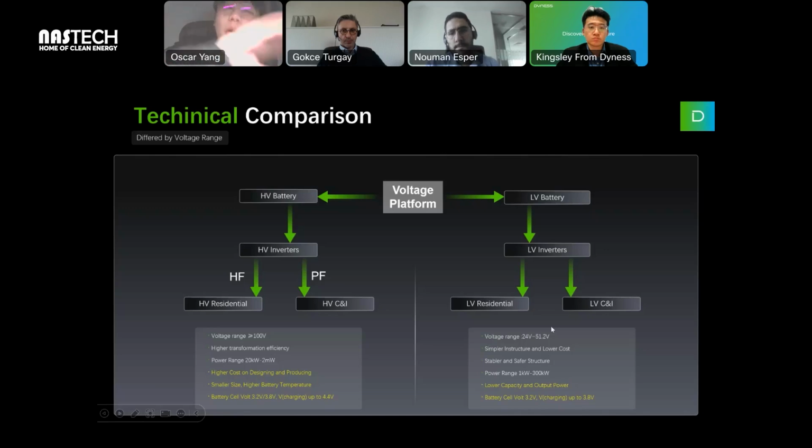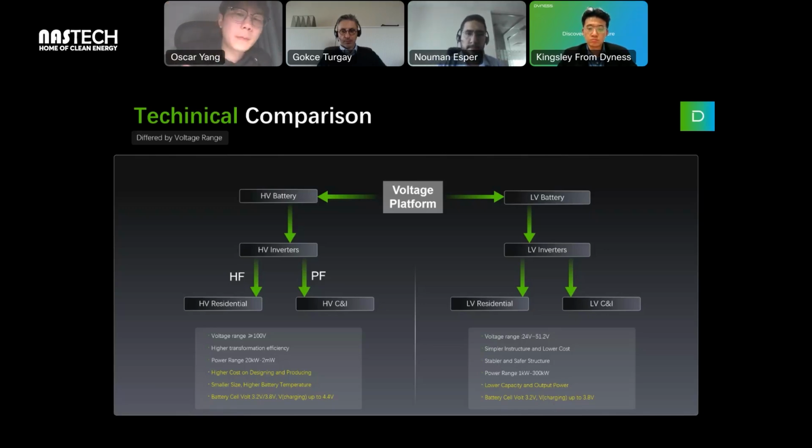Because the whole components cost is lower than the high voltage system, it has better cost efficiency, and also because the voltage is lower, it's more stable and safer than the other kinds of systems.